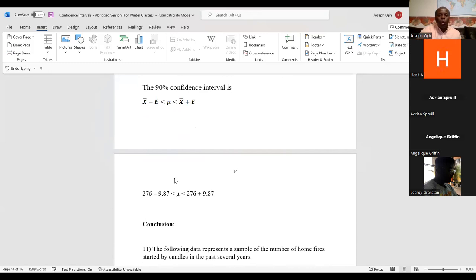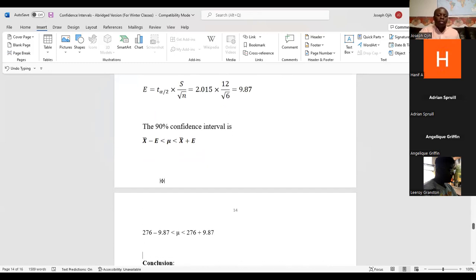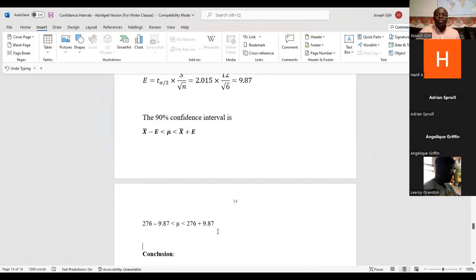I get the less than symbol from the symbol section. So like we did last week, once you get your error, you subtract it on the left side and add it on the right side. That will give you the confidence interval.